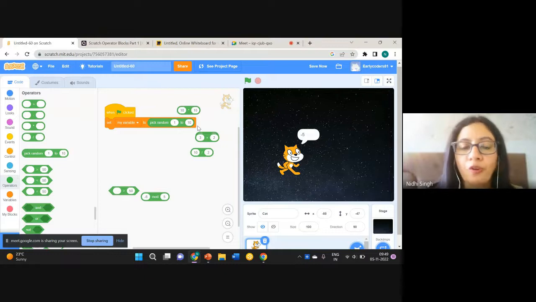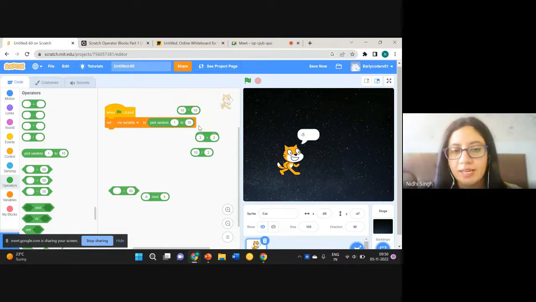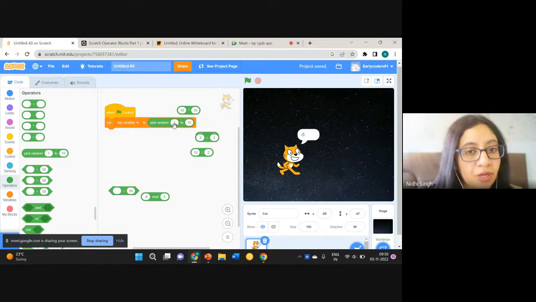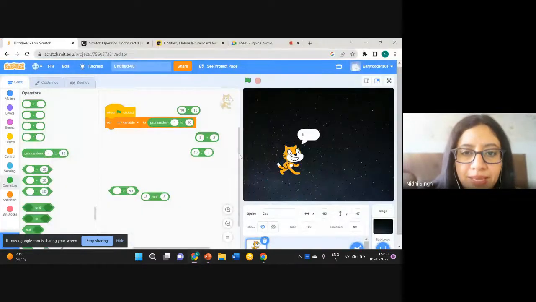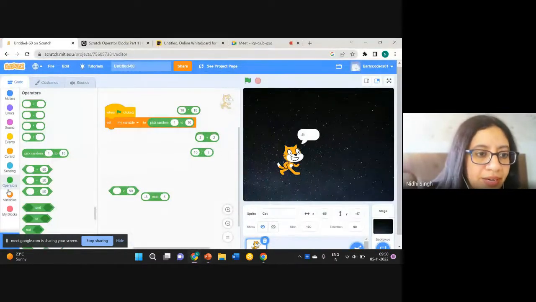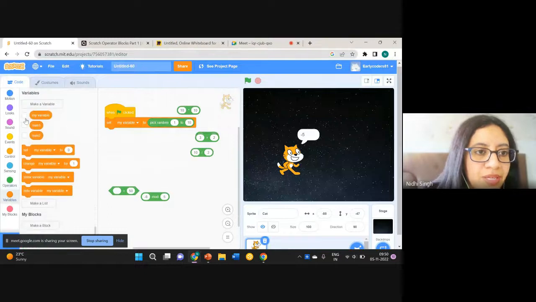We are not providing any value. It could be any value including 1 and 10. It's not like in between, it could include 1 and 10 also. Now what we are checking, just look here. If my variable is less than 5, so if, let's say, the computer will display here, let me show it on the stage as well.